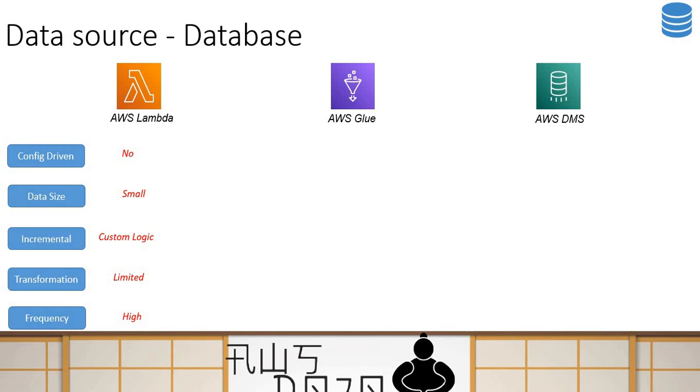So keep in mind that your Lambda function is good, but only when your data size is small, because the whole execution time cannot go more than 15 minutes, and your memory also has a limit. It does not have unlimited or very large memory, which is possible with other choices.